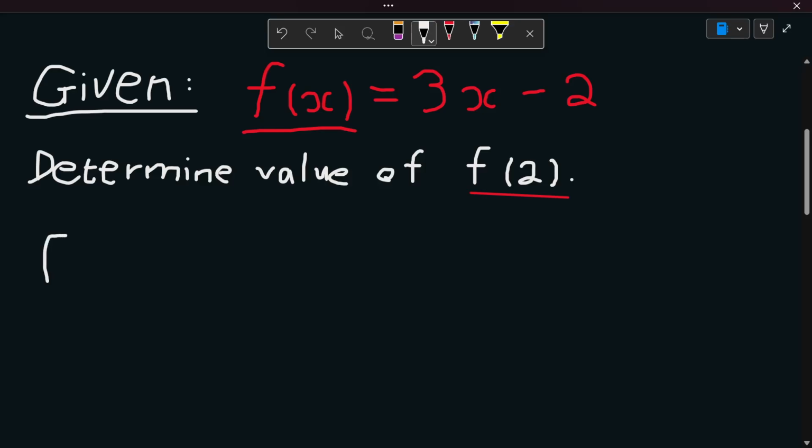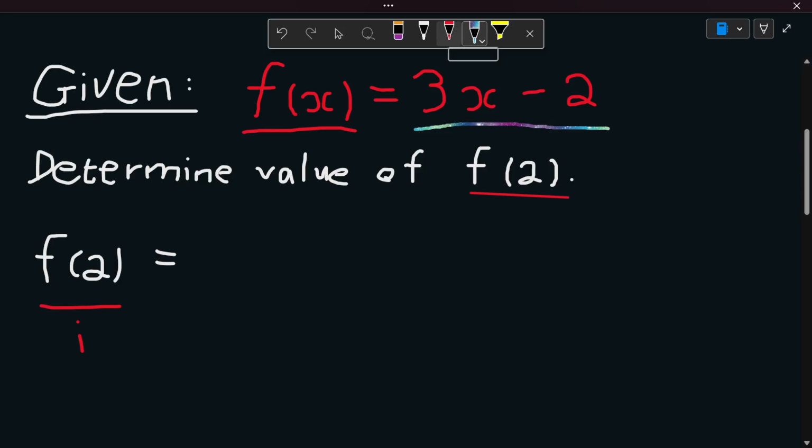We have f of 2 as our input. We are inputting the 2 into the equation over here. I will write it as I. This is our input. Now, our function, how is it going to process all of this? Remember, in this equation we have 3x minus 2.